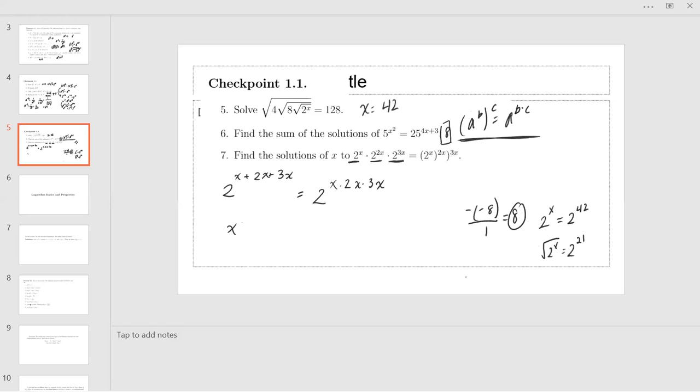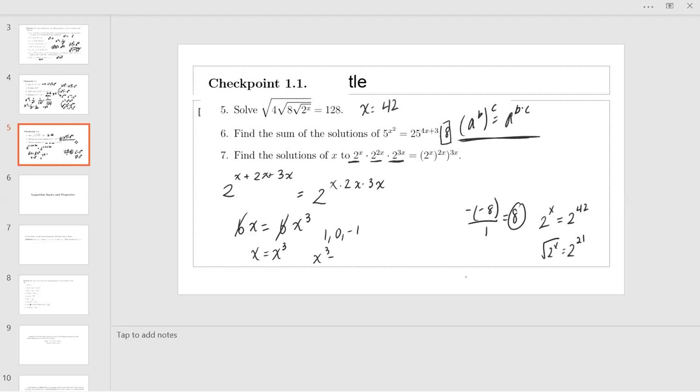Hence, this is equivalent to solving x plus 2x plus 3x, which is just 6x, equal to x times 2x times 3x, which is equal to 6 times x cubed. So we can cancel the 6 on both sides, and get x is equal to x cubed. So you can easily see that the solutions to this equation are 1, 0, and negative 1.